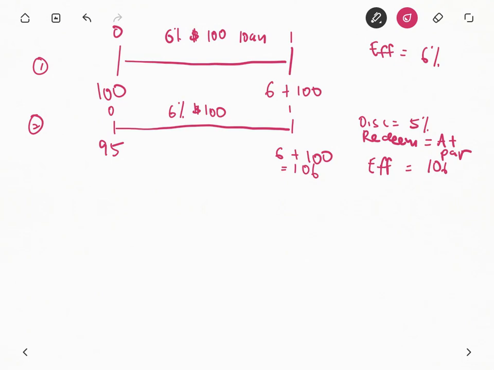106. Or you put it this way: I got 95, I pay 106, I pay an extra $11. Out of how much I collected? 95. So how many percent?